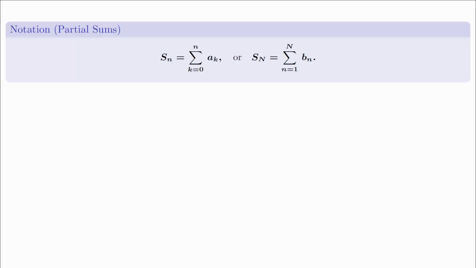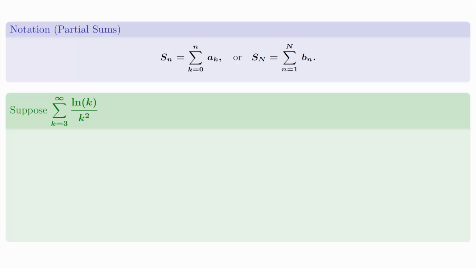If the summation index is n, as it is in many texts, then we use capital N for the upper limit of summation to form the partial sum, and it's denoted capital S subscript capital N. The lower limit of the partial sum can be whatever we have chosen. I just put in 0 and 1 as examples.